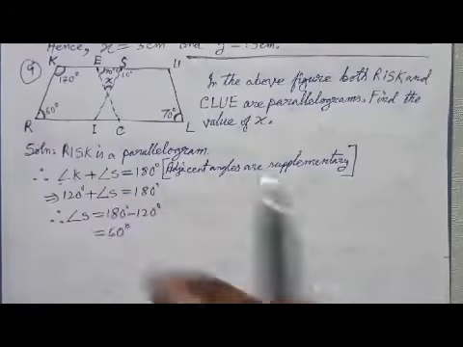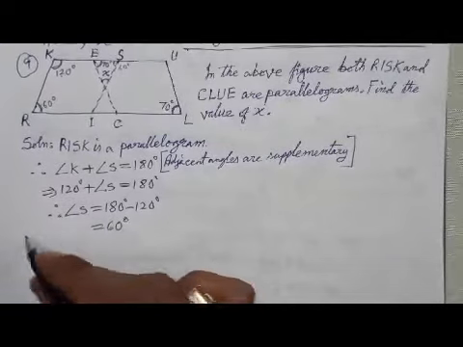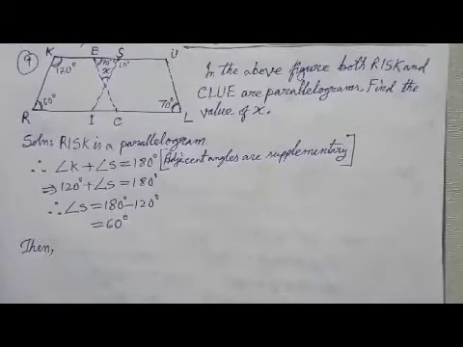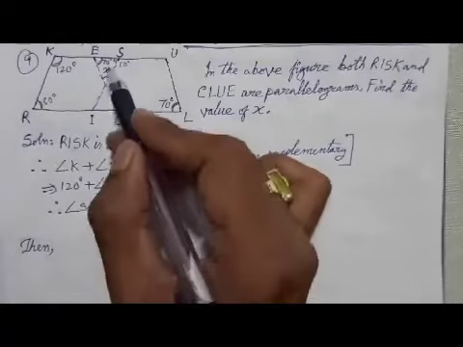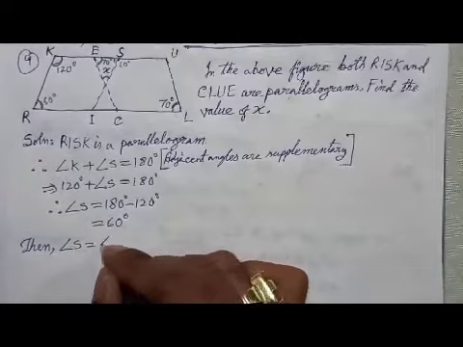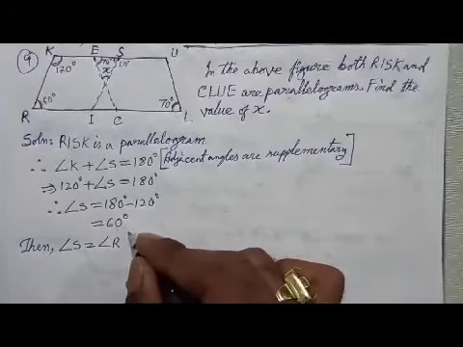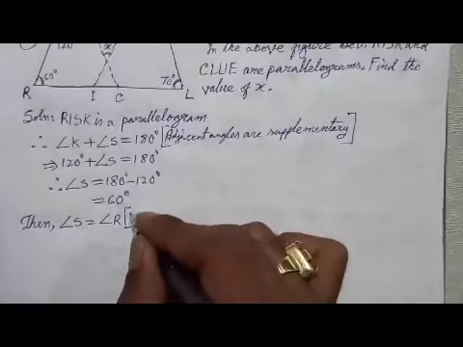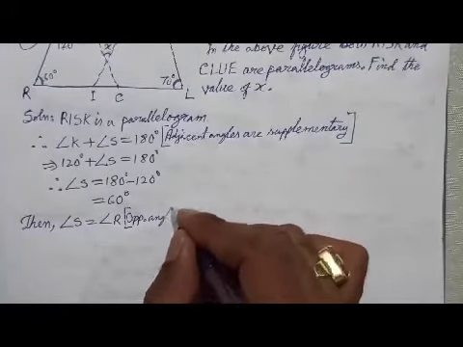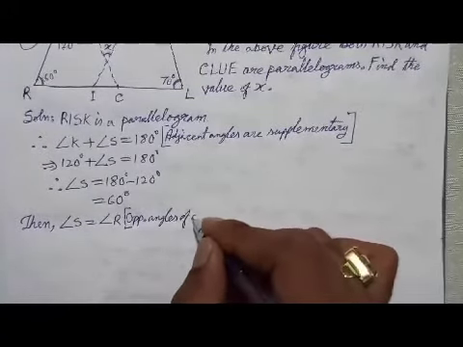Now this angle is getting. Then this angle S is equal to angle R, because they are opposite angles of a parallelogram. Opposite angles of a parallelogram.